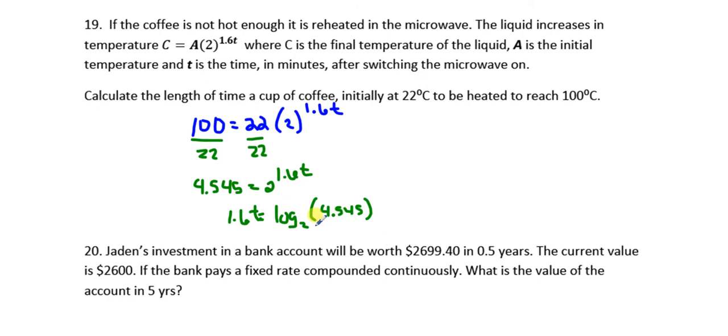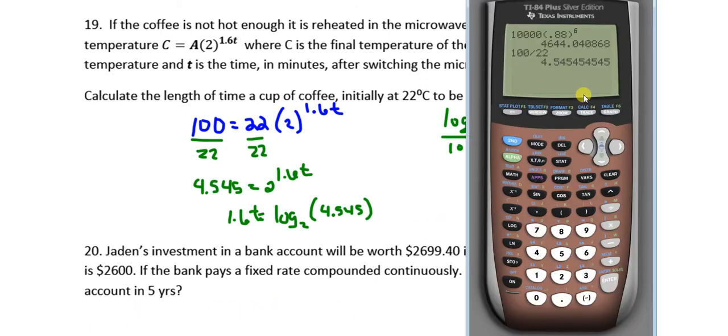And then, now to do this on your calculator, you've got to do log of 4.545, change of base, divided by log of 2. And I'll show you what that is.